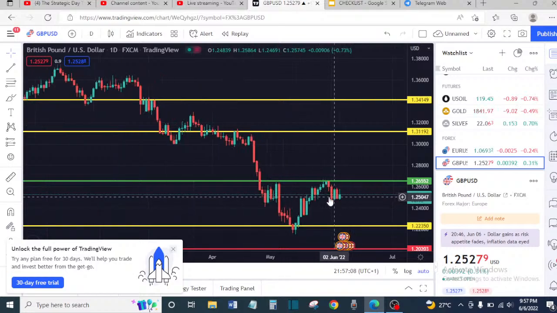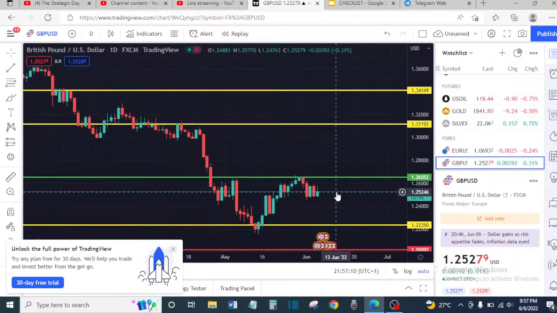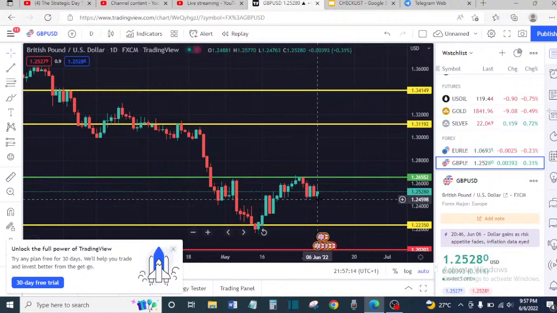All we will be waiting for right now is that they have formed a support base here, a support line here. So all you need to do is put your horizontal line. Let me move this.